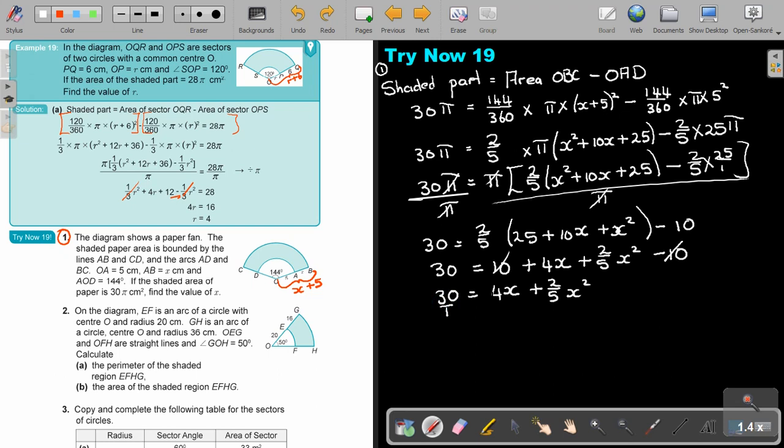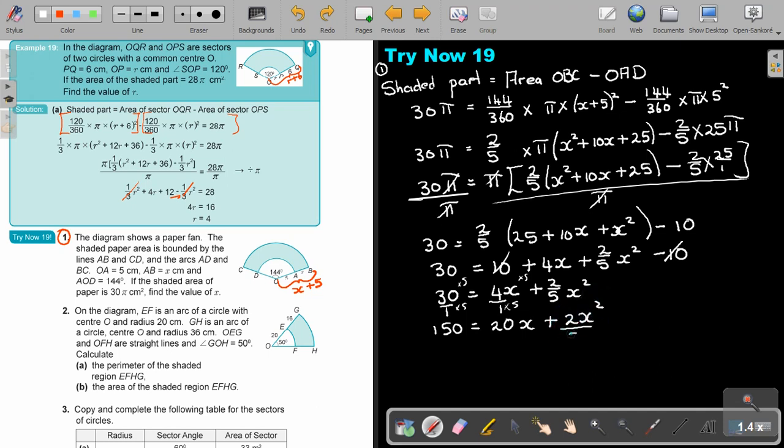I put it over 1 and multiply by 5. 30 times 5 will be 150, and the right side simplifies to 20x plus 2x squared.